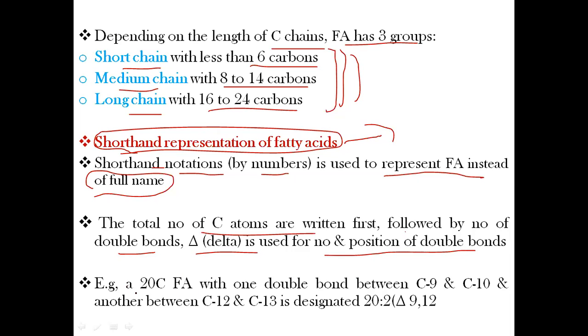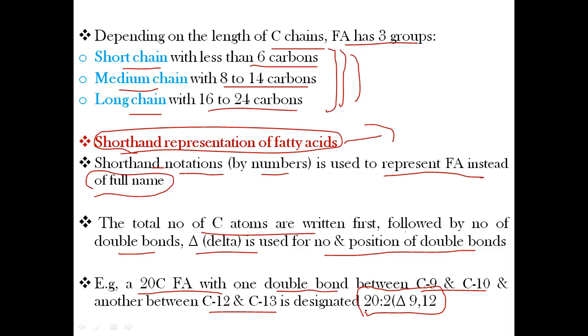For example, a 20 carbon fatty acid with one double bond between C9 and C10 and another between C12 and C13 is designated as 20:2 and delta 9, 12.